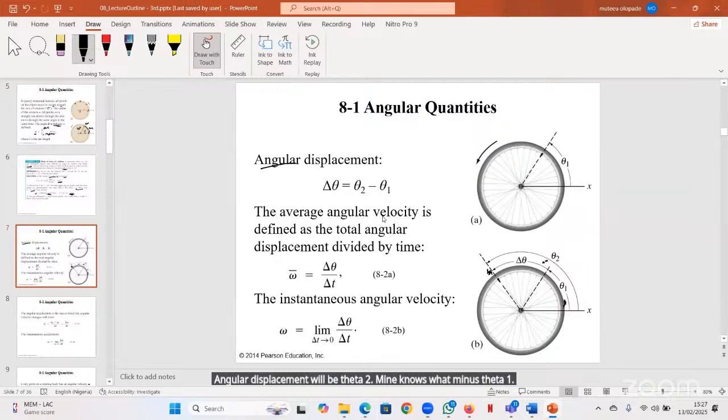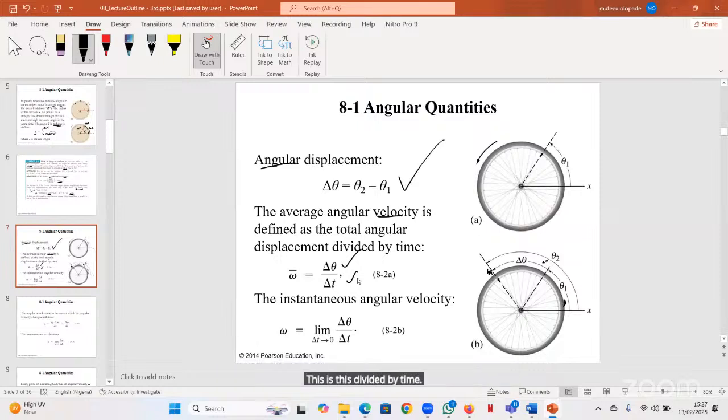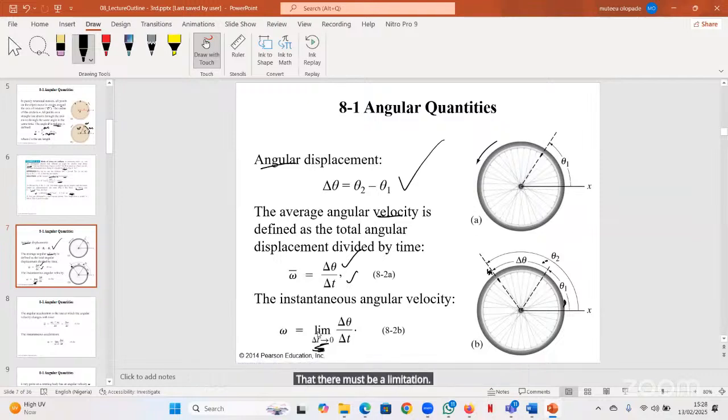So the average angular velocity is defined as total angular displacement divided by time, because velocity is displacement over time. But if we are talking about instantaneous angular velocity, then there must be a limit. Any question?